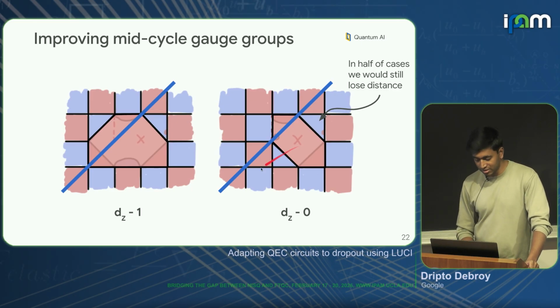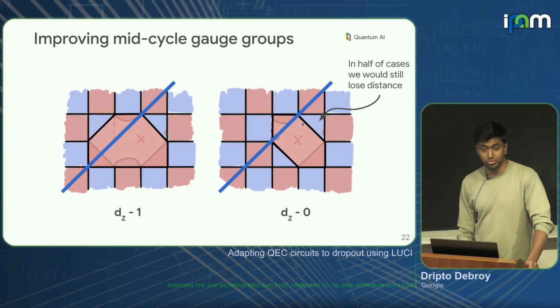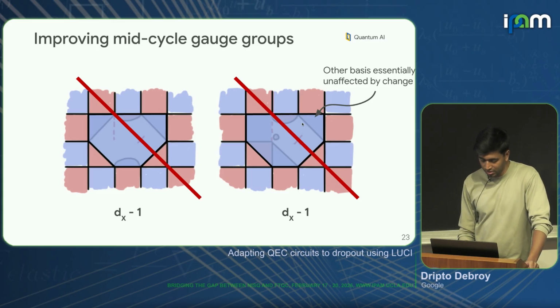And in half of the cases, this means that we save the distance penalty. Previously we lose 1 distance in Z because there's now a shortcut from here to here. And if you went the other direction, it would be the same shortcut. Now, in half the cases, we only lose distance in the X spaces. So the X distance is unaffected. The Z distance is improved in half the cases. And this ends up being pretty meaningful in a lot of cases.